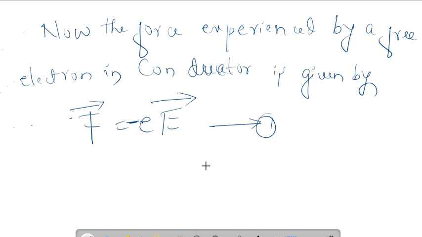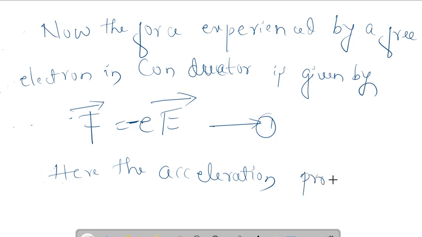Now the acceleration produced in the electron.